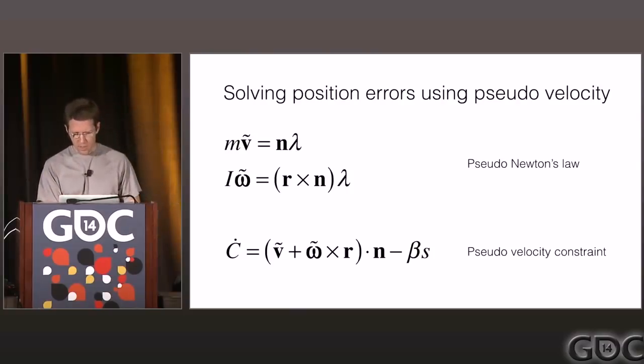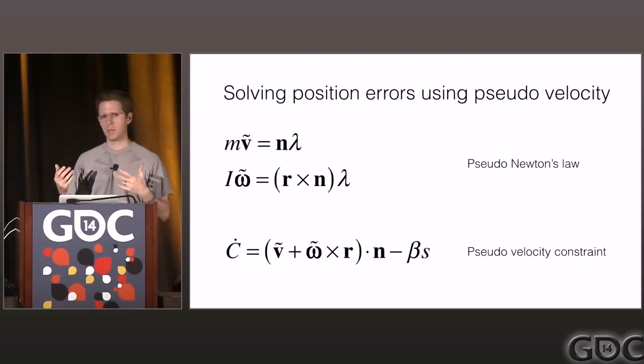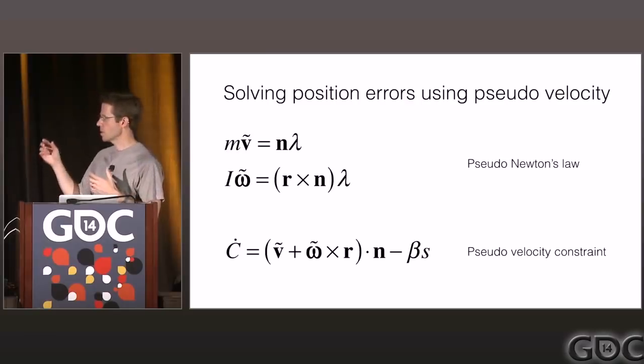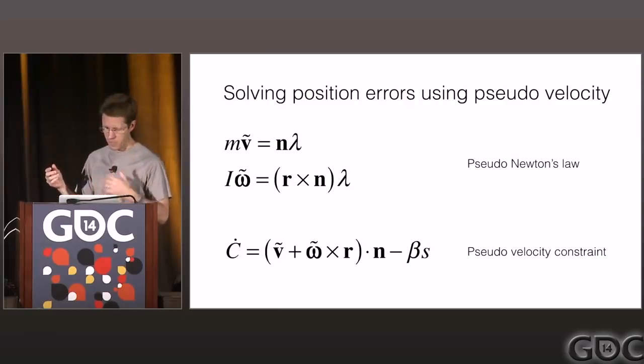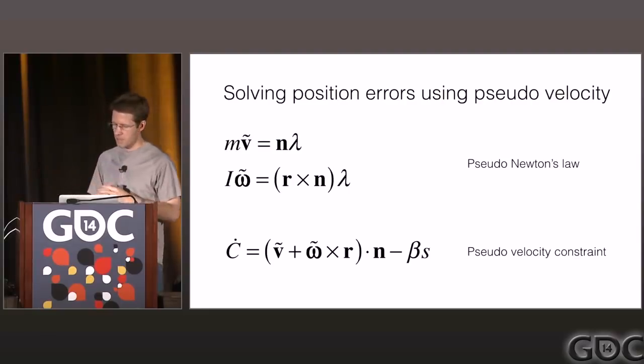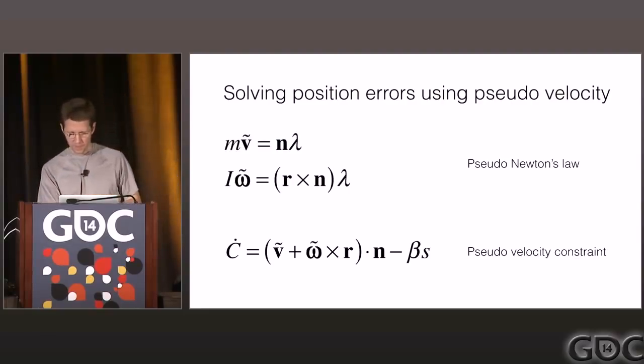And this method is basically an iterative method for solving nonlinear equations, because the position constraint is basically a nonlinear equation. So, to resolve positions, now I have this separate solver that happens after the velocity solver.